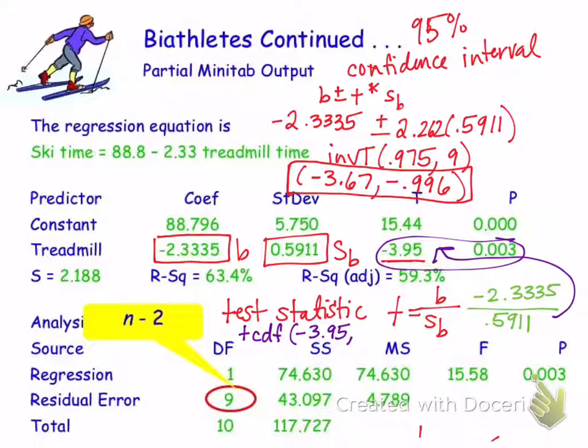No, it would be negative infinity to negative 3.95 because it's negative. And then I have 9 degrees of freedom. So try typing this in your calculator. TCDF, negative infinity to negative 3.95, 9 degrees of freedom. Tell me what you get.